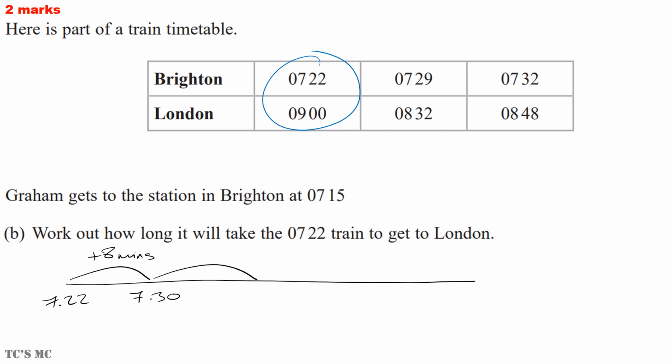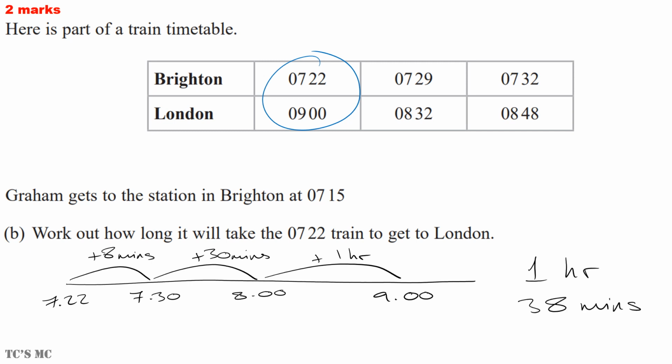Then if I add 30 minutes, I would get to 8 o'clock. Then from 8 o'clock, I need to add 1 hour, and that would get me to 9 o'clock. This would get me 1 mark. For my second and final mark, I now need to say 1 hour, 38 minutes. And that will get me 2 marks in total.